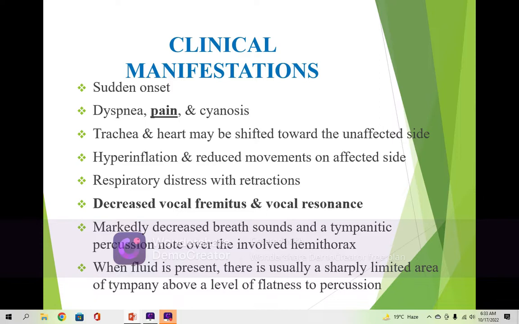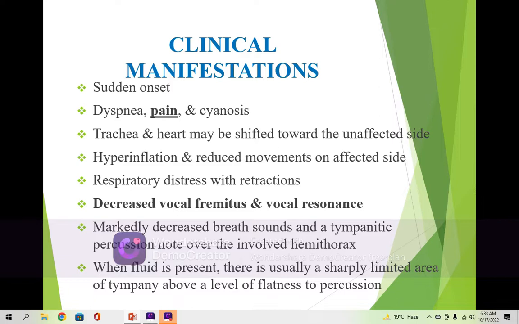And there will be a tympanic percussion note. It is the same note which you have experienced in the percussion of the abdomen, where a lot of gases are in the intestine. And when fluid is present, there is usually a sharply limited area of tympany above the level of flatness to the percussion. And this is hydropneumothorax, when the fluid is present.